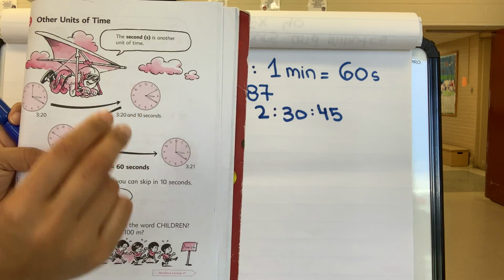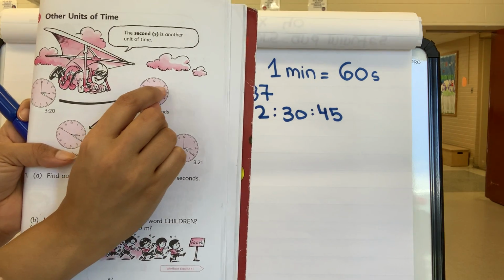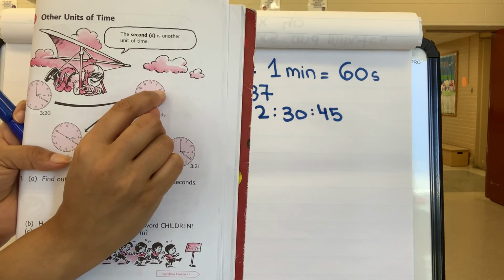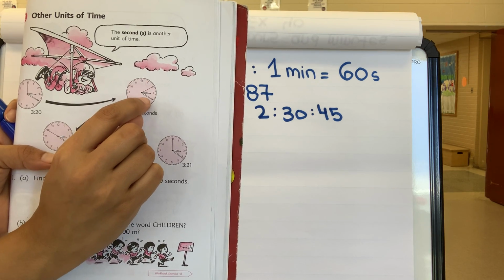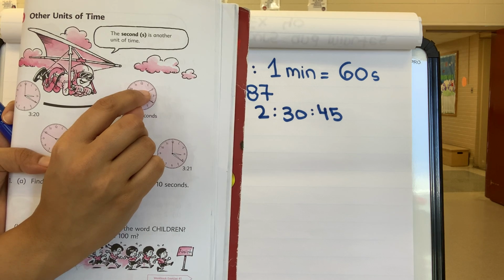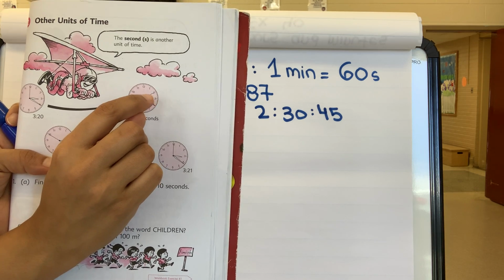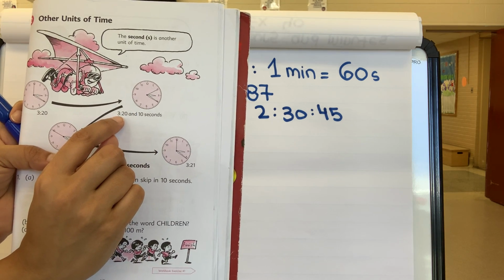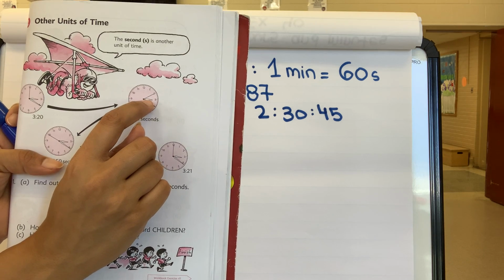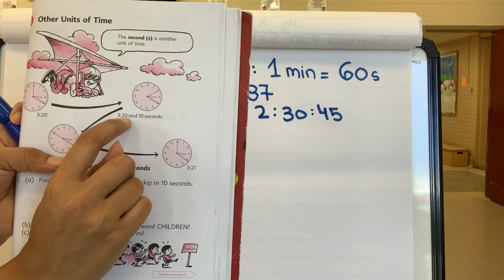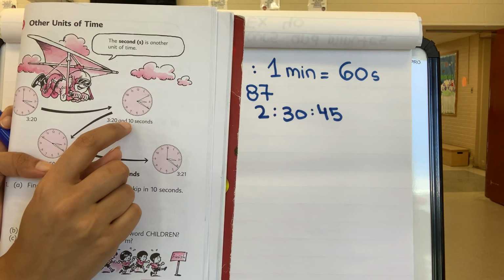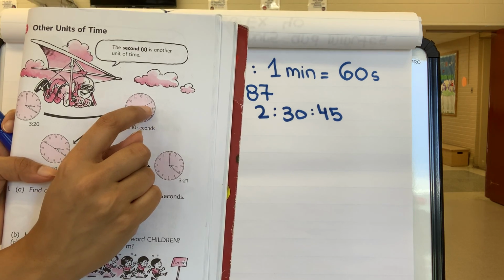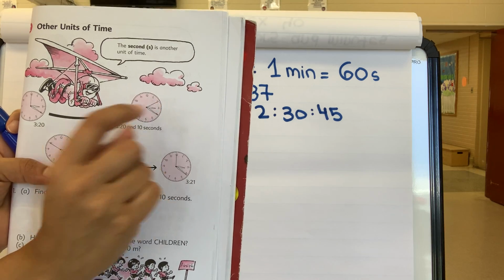We are going to say our 5 times table. So if any of these hands is on 2, that is going to be 10, depending on if it's a minute hand or a seconds hand. So I have 3 hours because my short hand is on 3, 20 minutes because my minute hand, which is the long one, is on 4, and 10 seconds because my skinny hand is on 2.